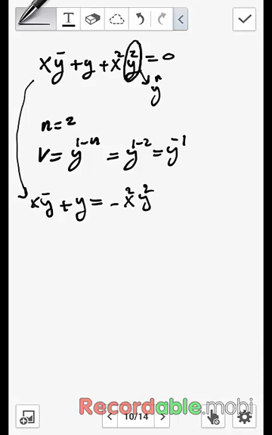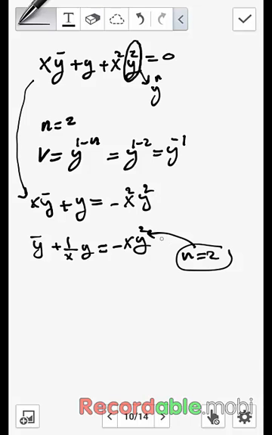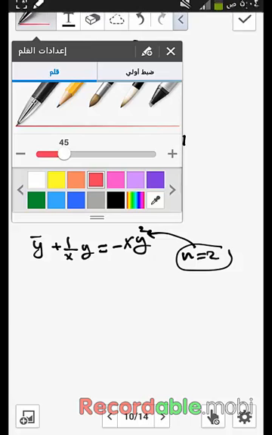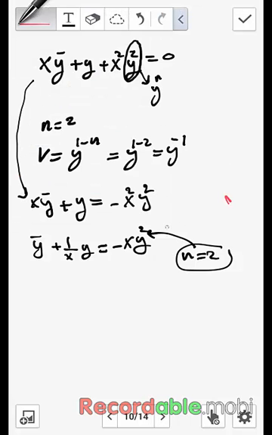If you divide all by x, you get y prime plus 1 over x times y equals minus x y squared. As we said, we have n equal to 2 because of this term. This form is called the Bernoulli equation.